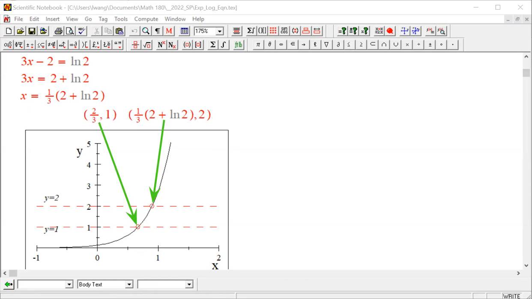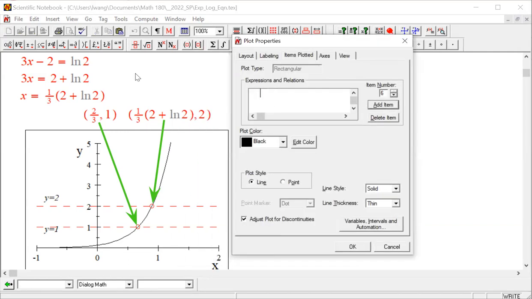So I'm going to show you those numbers on the picture. These are the numbers in between, right?